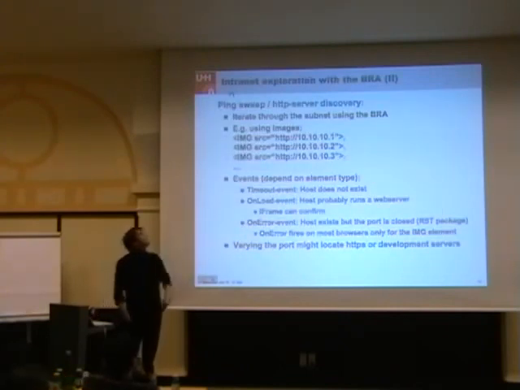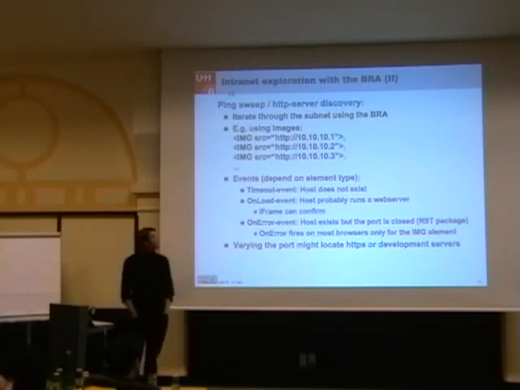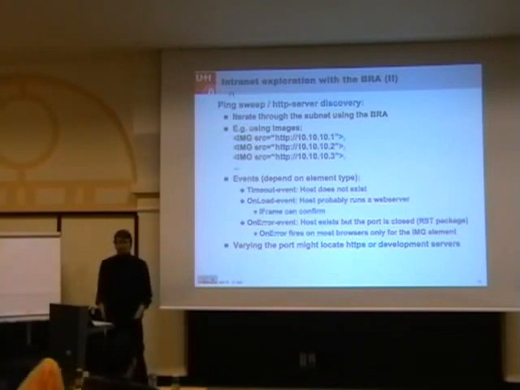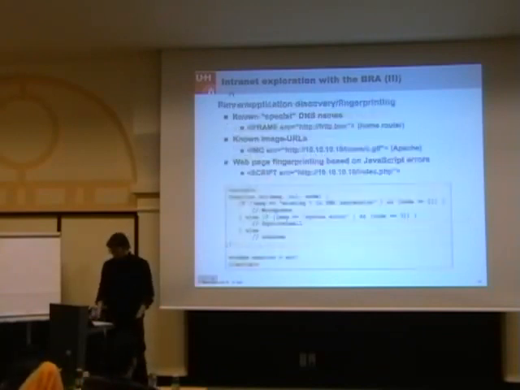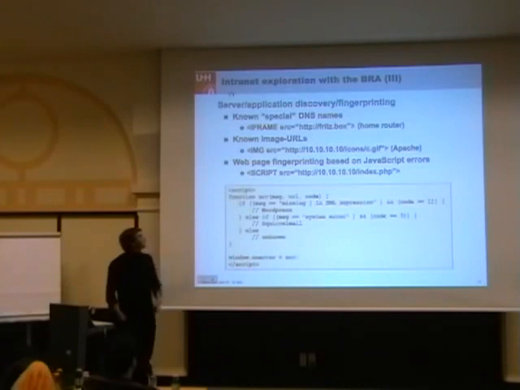Okay, what can the attacker do? At first, he would do a ping or HTTP sweep through the intranet and see which IPs actually are hosting servers. After he found the servers, he could do a fingerprinting attack, to load websites from the servers and try to find out what is actually hosted there.